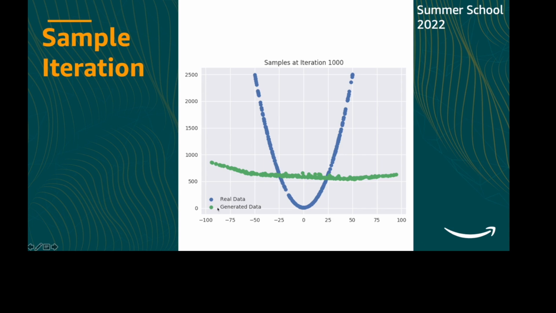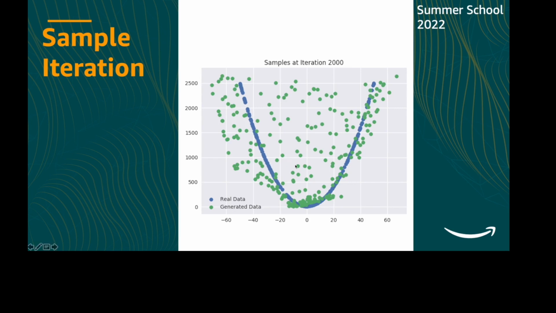Even the relationship between x and y of the generated data points is not parabolic. So the generator is not able to generate data points from the distribution which the input data follows. But let's train it for 1,000 more iterations and see what happens.